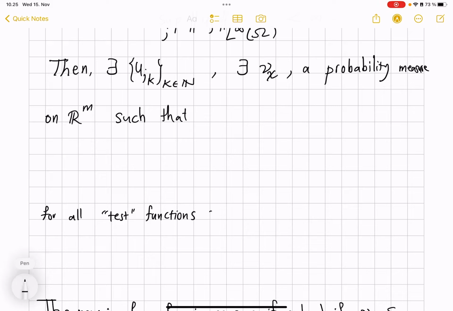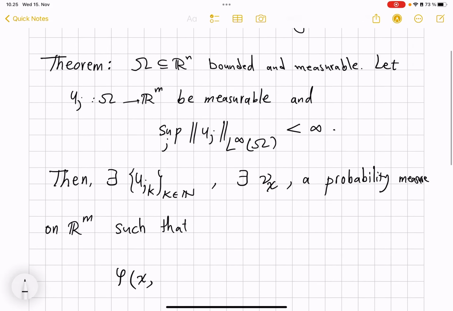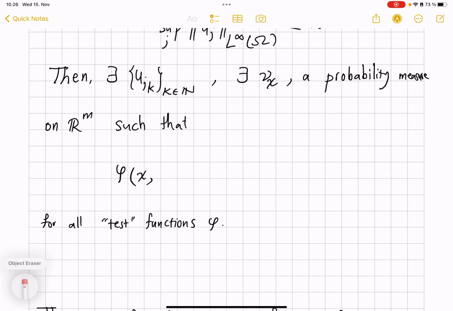for all functions phi. So these phis are two variable functions, so phi of x and a second variable. So here we put, so let me see if I'm consistent with my notation. Great. So u_jk of x.